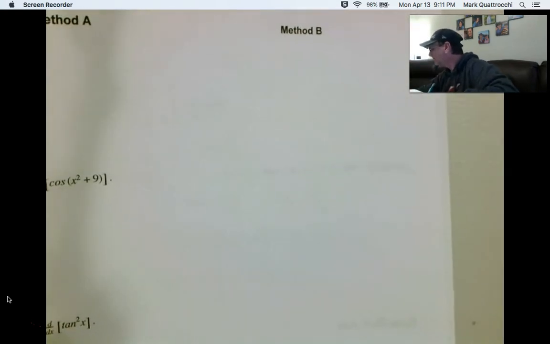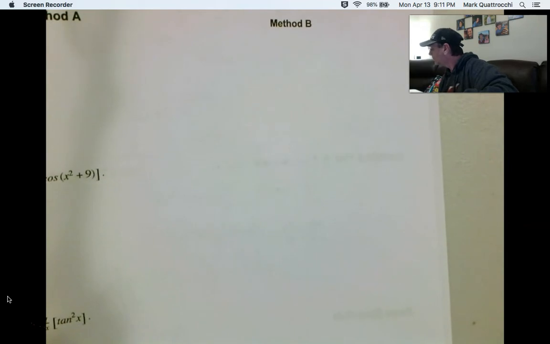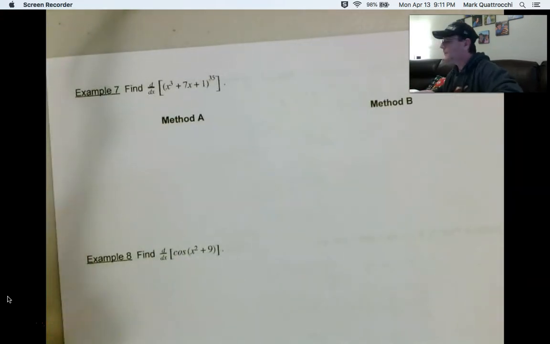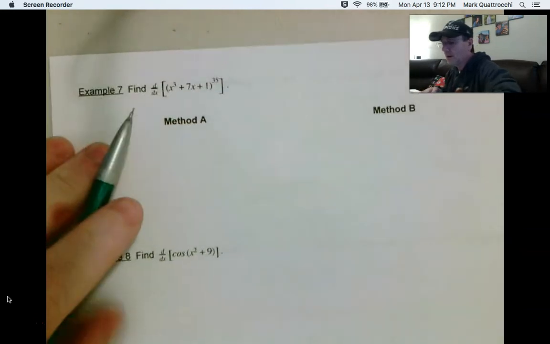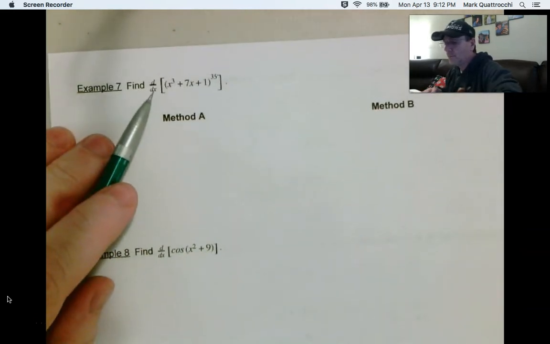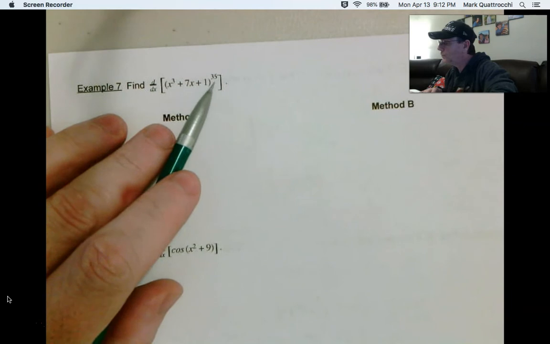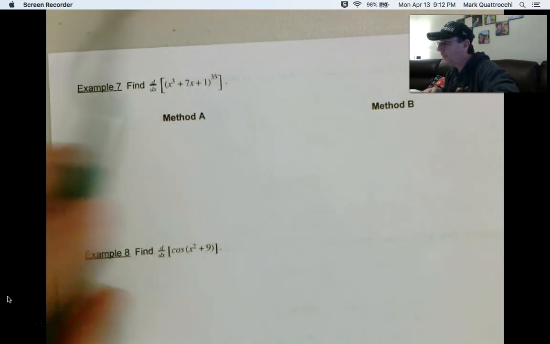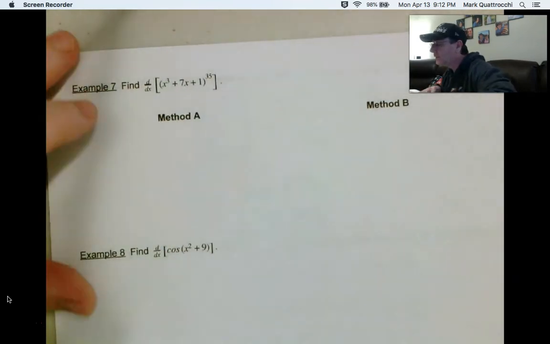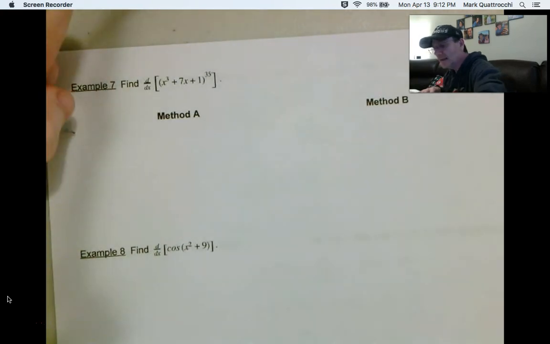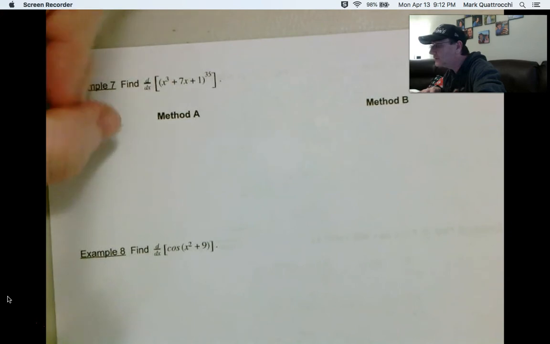Example 7 has two different ways of solving this. Let's do the chain rule method. What is the f function?